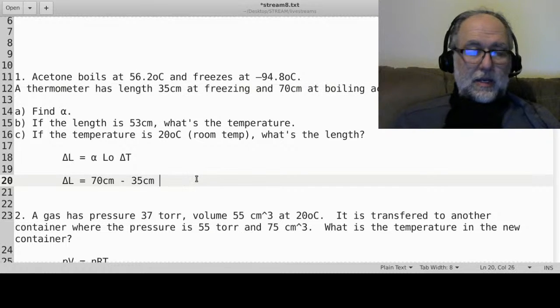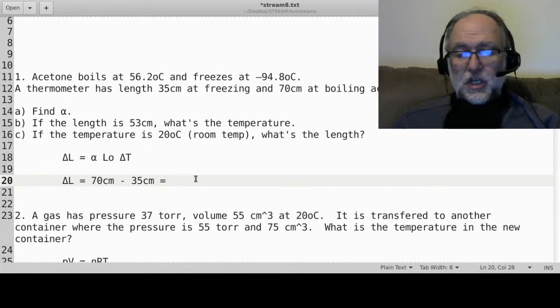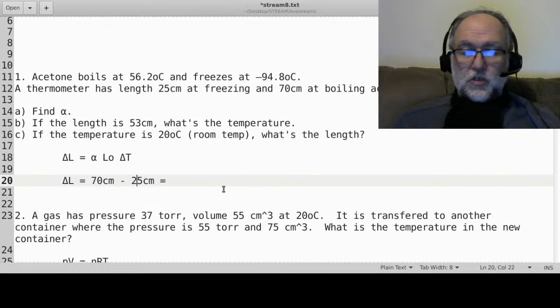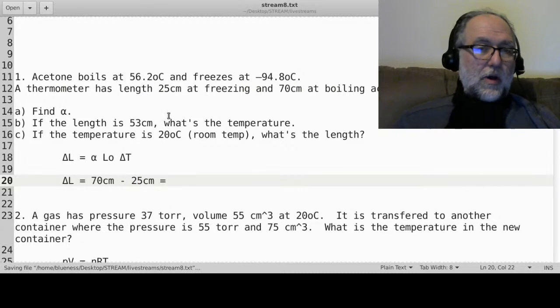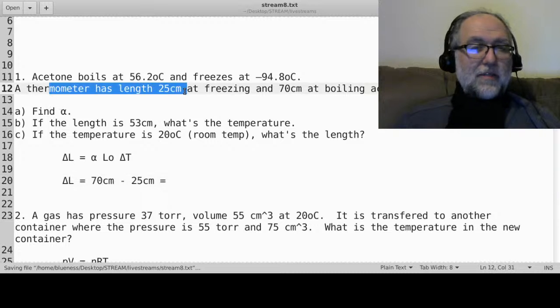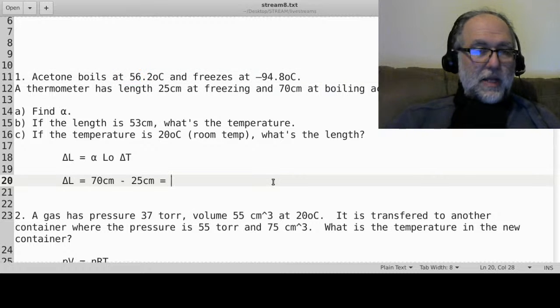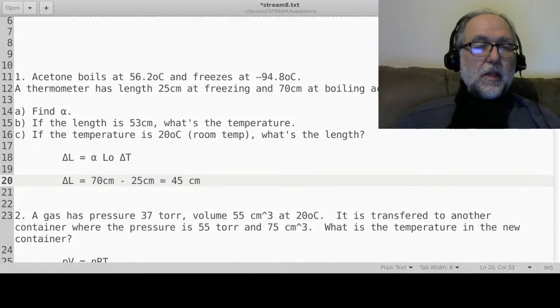Okay, and if I subtract the two, you know what, I'm going to change this because I don't want to confuse. I'm sorry, but guys, so let's make it 25 instead of 35, okay? Because then we'll get a little bit more interesting answer, okay? So, the thermometer has a length of 25 at freezing and 70 at boiling, okay? So if I subtract the two now, I'm going to have 45 centimeters, okay?